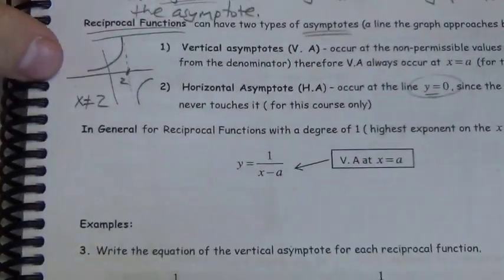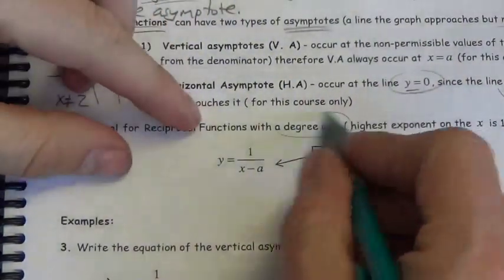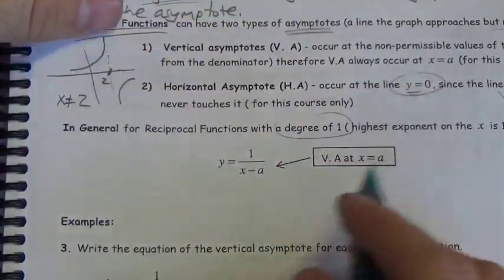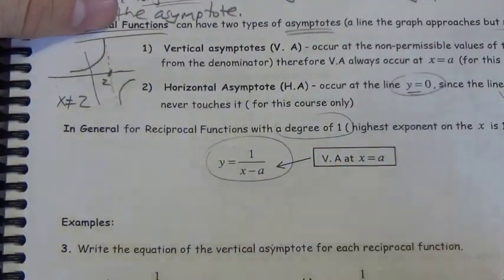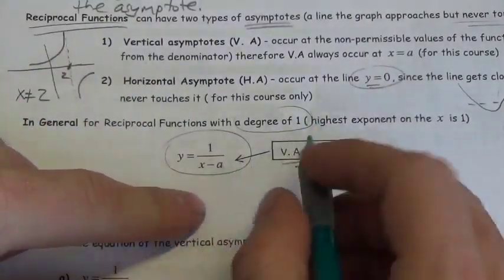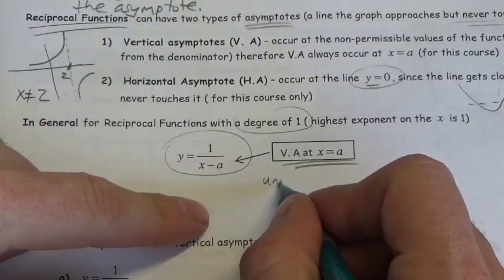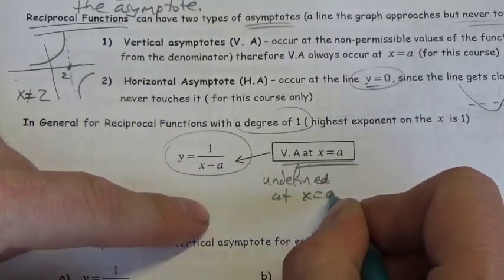Now, in general, for reciprocal functions with a degree of 1, so we're taking some sort of linear function, reciprocating it, we're going to get it looking like this, 1 over x minus a, and we're going to get a vertical asymptote at x equals a, because that's where it's undefined. Okay, it's undefined at x equals a.